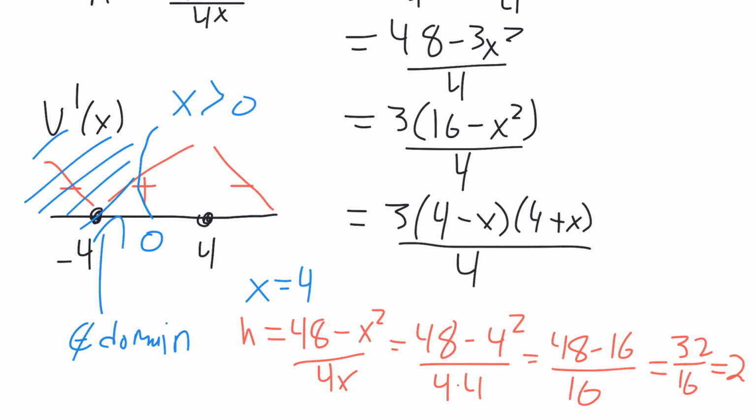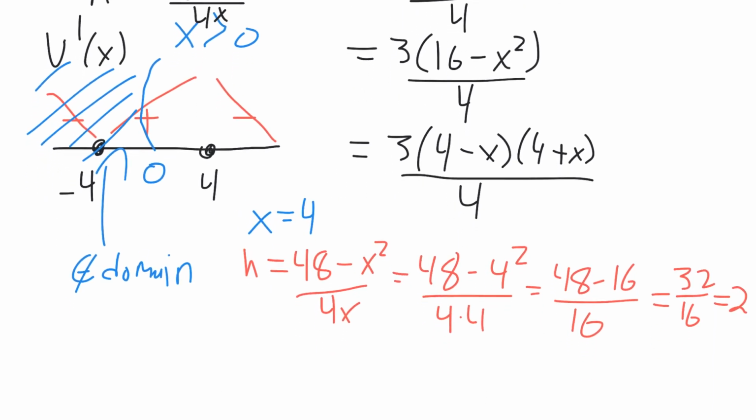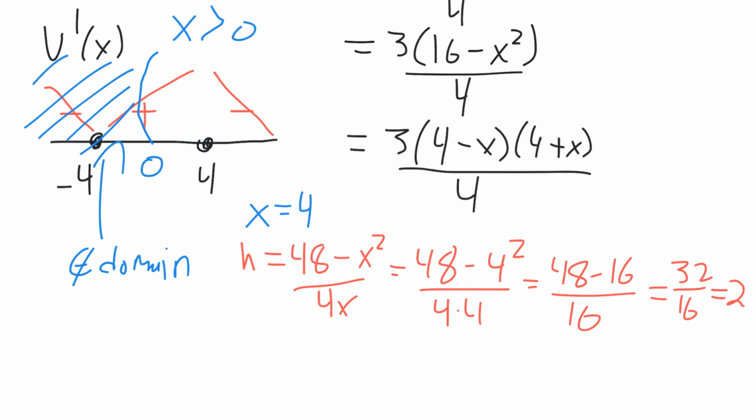Now, we started with a word problem, and so we need to finish in words. We need to make sure that we very clearly answer the question. The question, if you remember, was what are the dimensions of the box so that we have maximum volume?